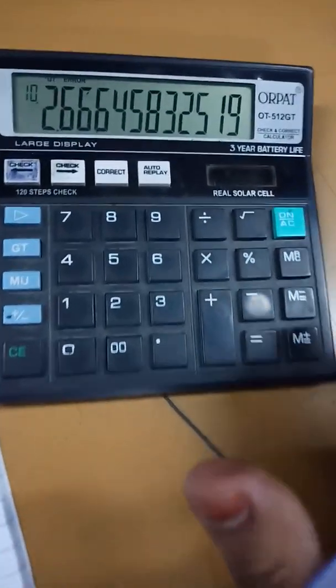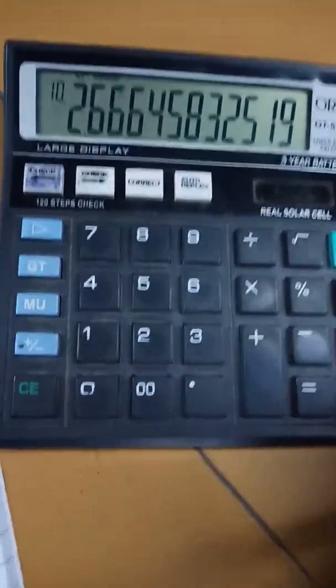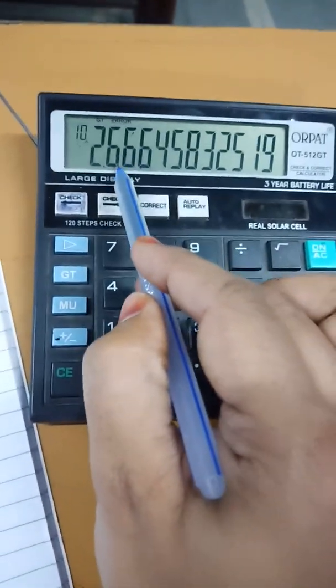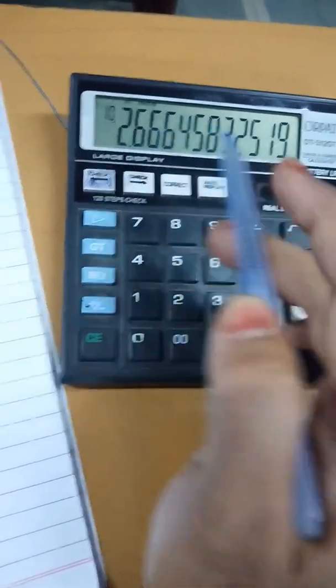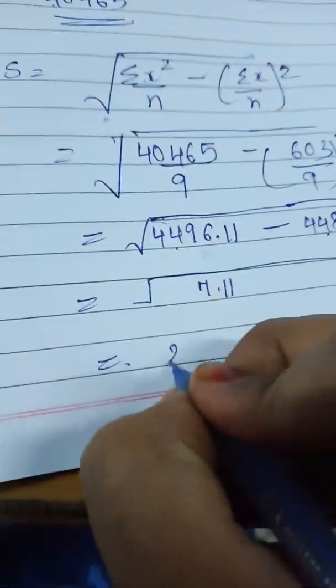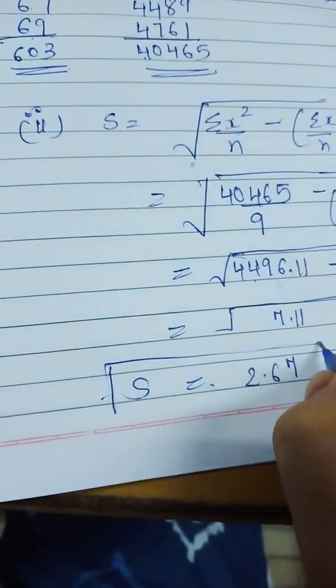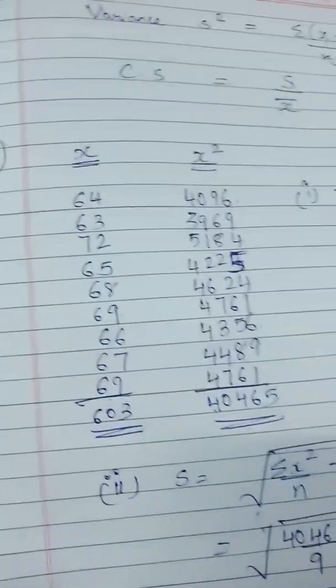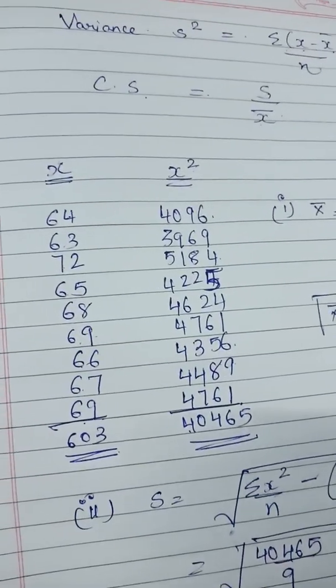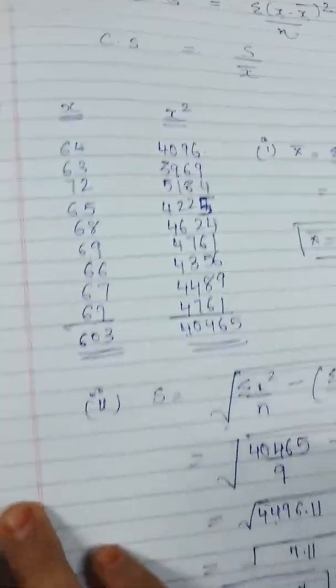So the answer is 2.67. So here standard deviation is 2.67. Is that clear? Standard deviation of the marks obtained by the student is 2.67. This one we have done.